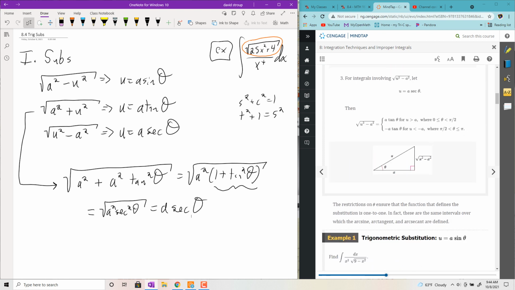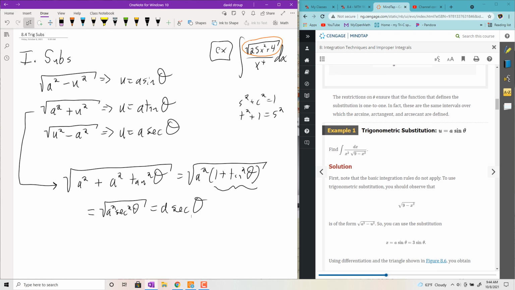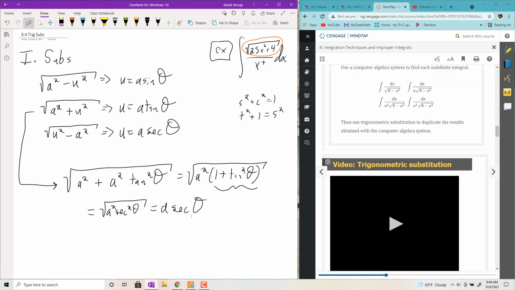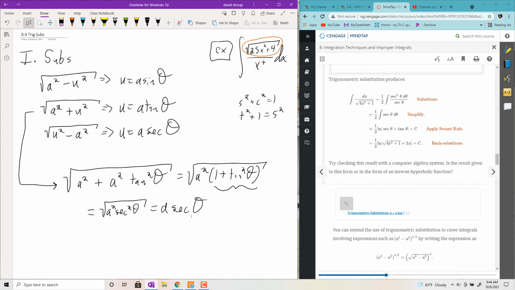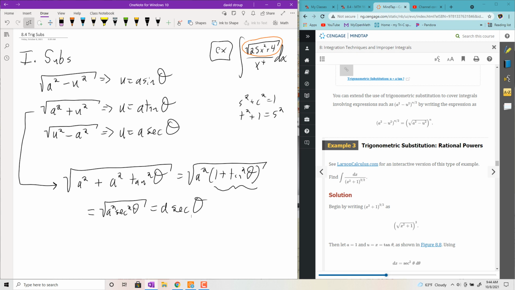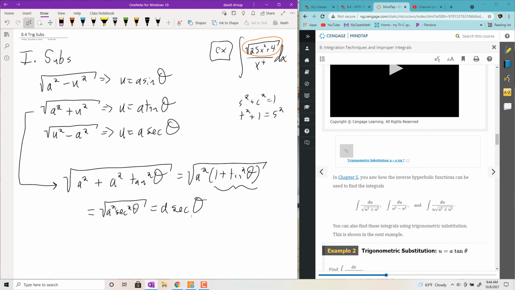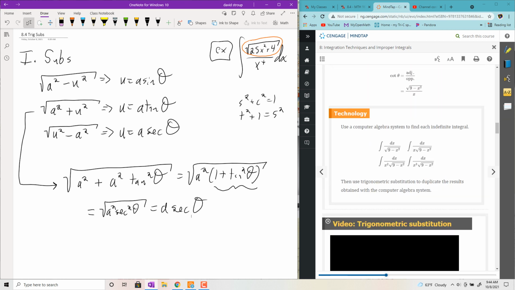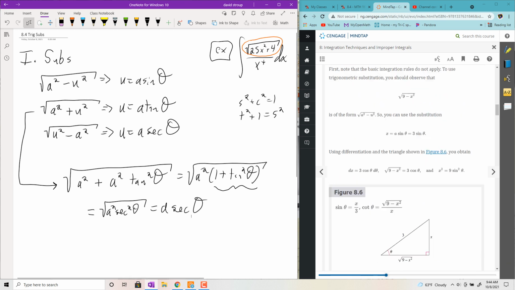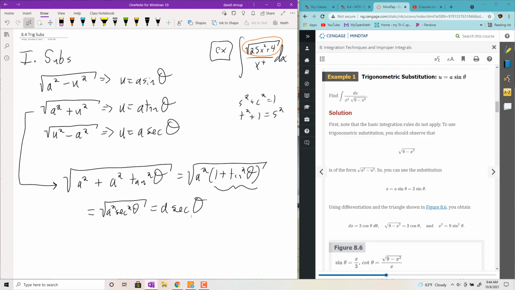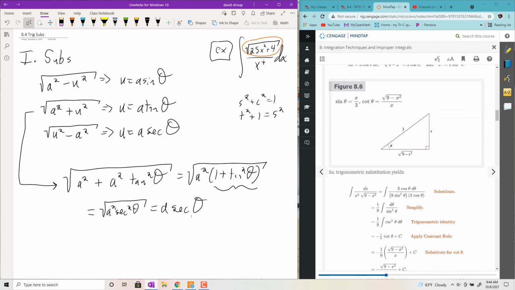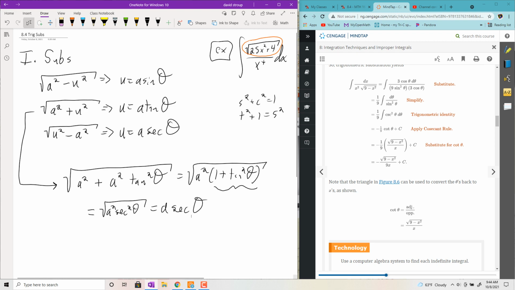You can kind of ignore those little issues and just fly by the seat of your pants. If they do become an issue, in my experience, you'll know. You won't be able to do the problem at the end. You'll walk into a brick wall, so you'll get an undefined expression. Anyways, they do show an example of that at the end of this section, and it has to do with the limits on the integral.